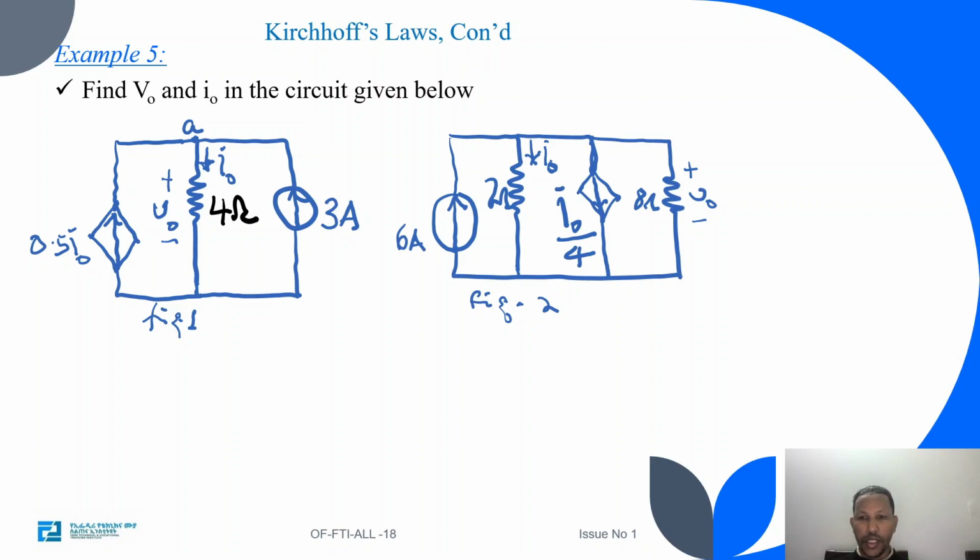For the first circuit, which is represented by circuit 1, it says: find V naught and I naught in the circuit given below.